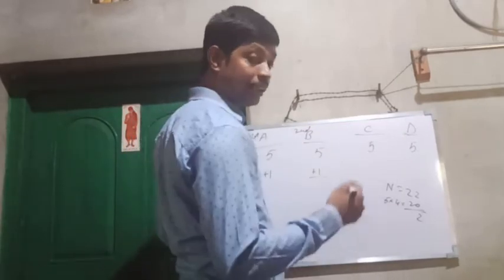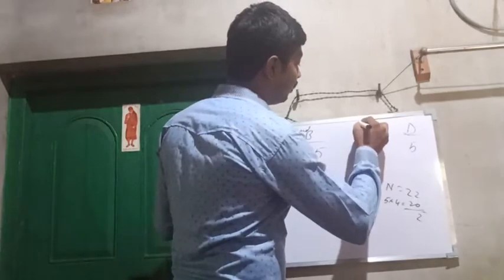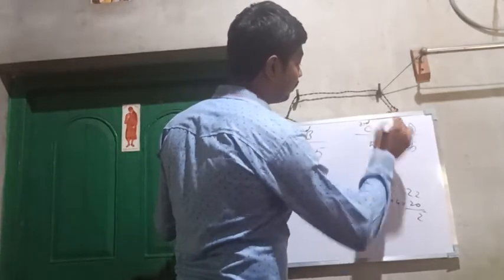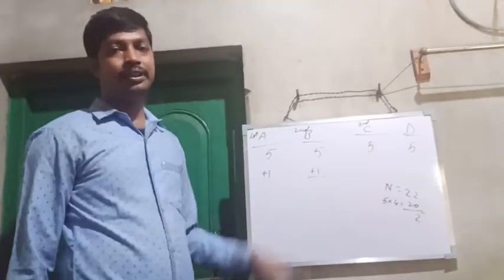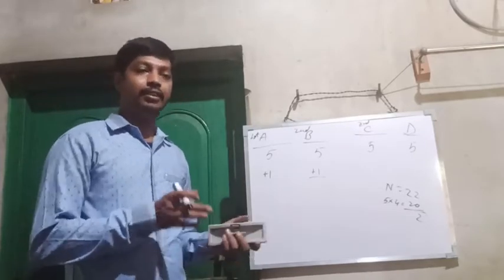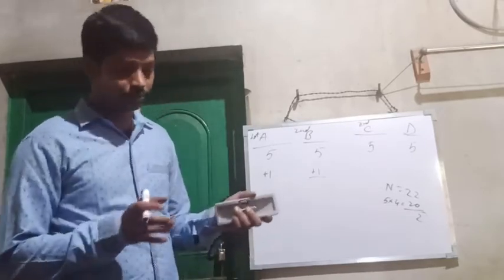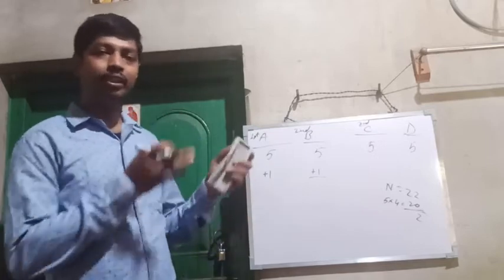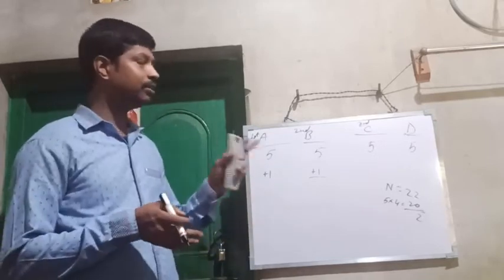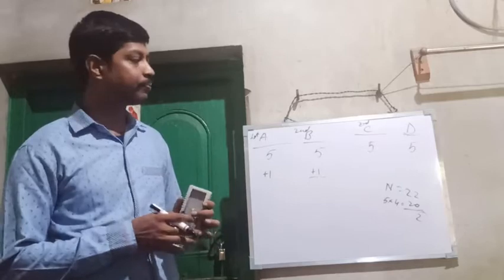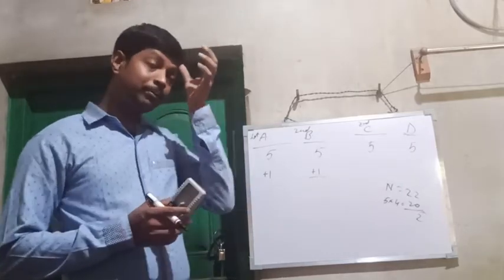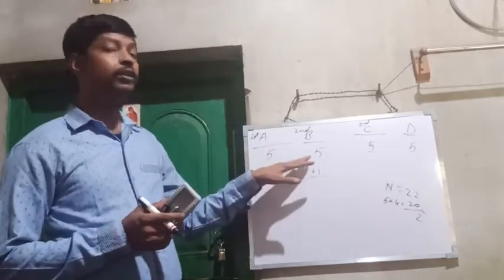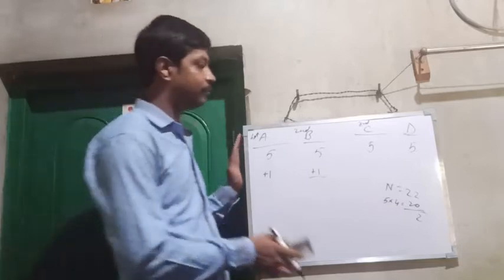Then if there is another rest, the third will be given to group C. This is the separation between the knockout quarter system and the combination group system. All the teams are divided into groups in combination tournament.